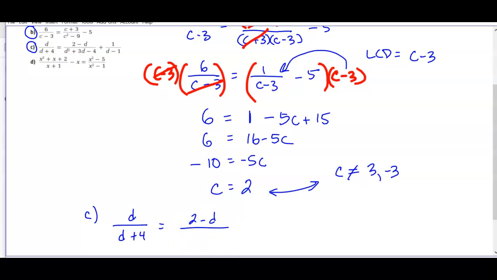And actually, you'll notice here, this is 2 minus d, so it's not in its normal descending order. I'm going to factor out a negative to start so that we get d minus 2 in brackets, just in case we can simplify.